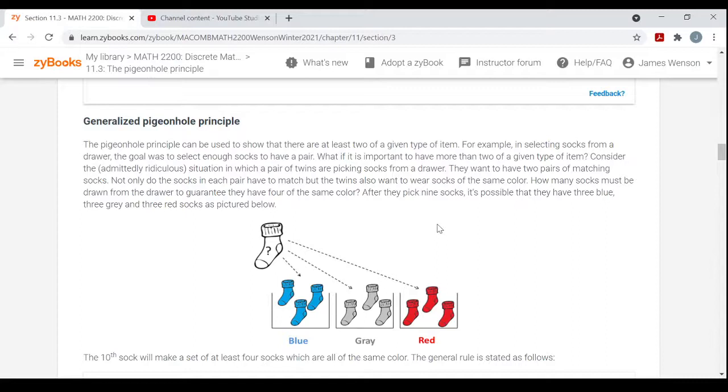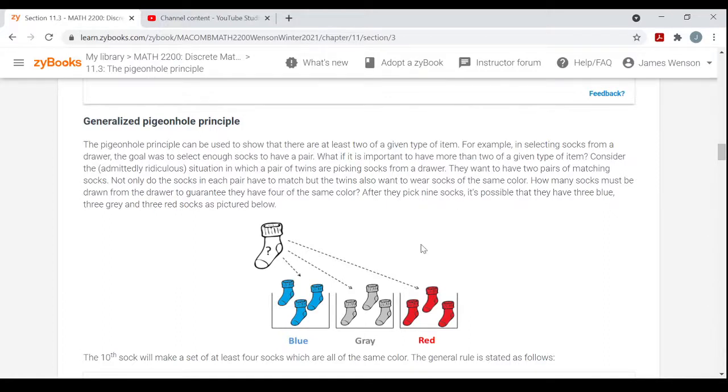They're not actually looking specifically for a pair, but they want to have two pairs of matching socks, right? So they can match each other. So not only do the socks in each pair have to match, but the twins also want to wear socks of the same color. How many socks must be drawn from the drawer to guarantee that they have 4 of the same color?